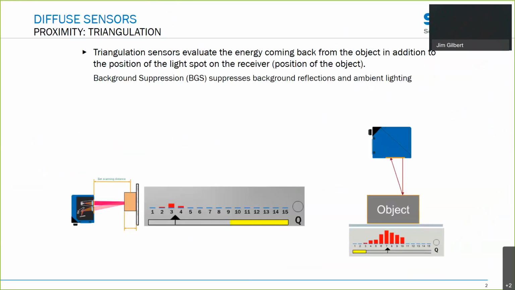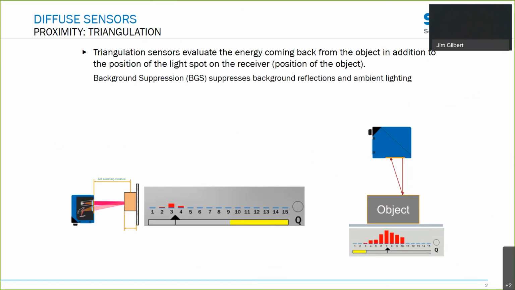First off, we'll take a look at the diffuse sensor of the proximity or triangulation style, also known as background suppression. Triangulation sensors evaluate the energy coming back from the object in addition to the position of the spot on the receiver. Inside of the sensor, there is a small receiver, and based on the actual location of where the received light hits, it can determine its position using triangulation.